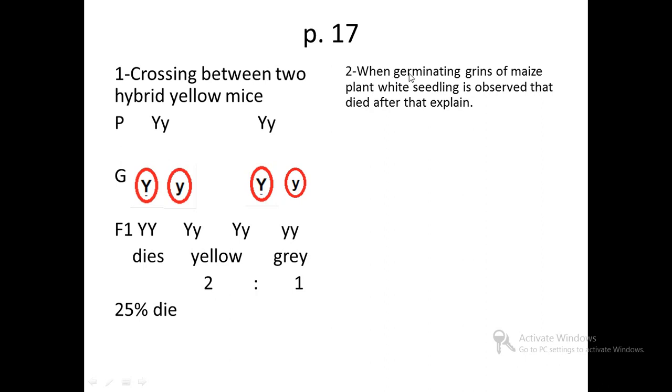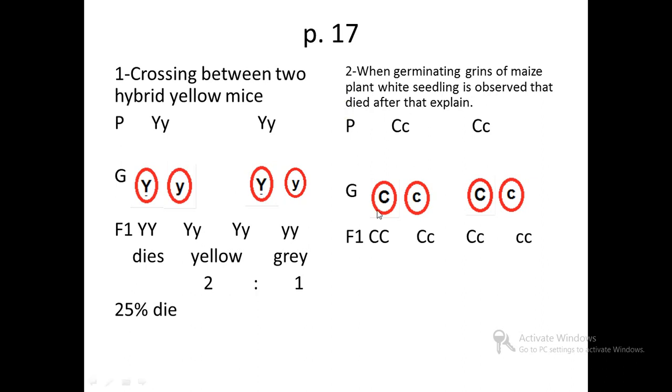Example 2. When germinating grain of maize plant, white seedling is observed. White means no chlorophyll, no green color. That died after that. Died is a keyword, meaning that this problem is lethal genes. The two parents are hybrid. Each parent produces two types of gametes.